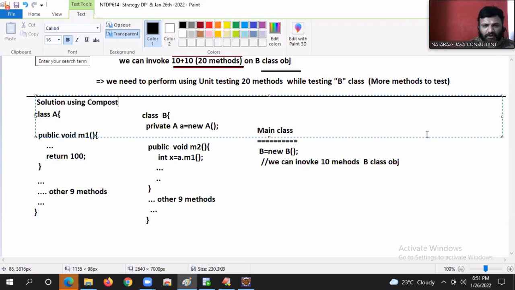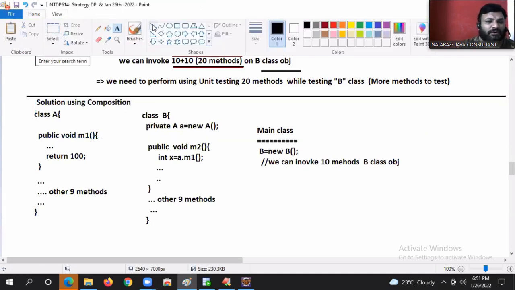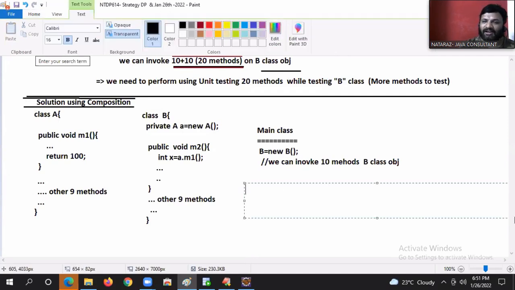Solution using composition. On all the methods or only on 10 methods? Here unit testing is required only on 10 methods.